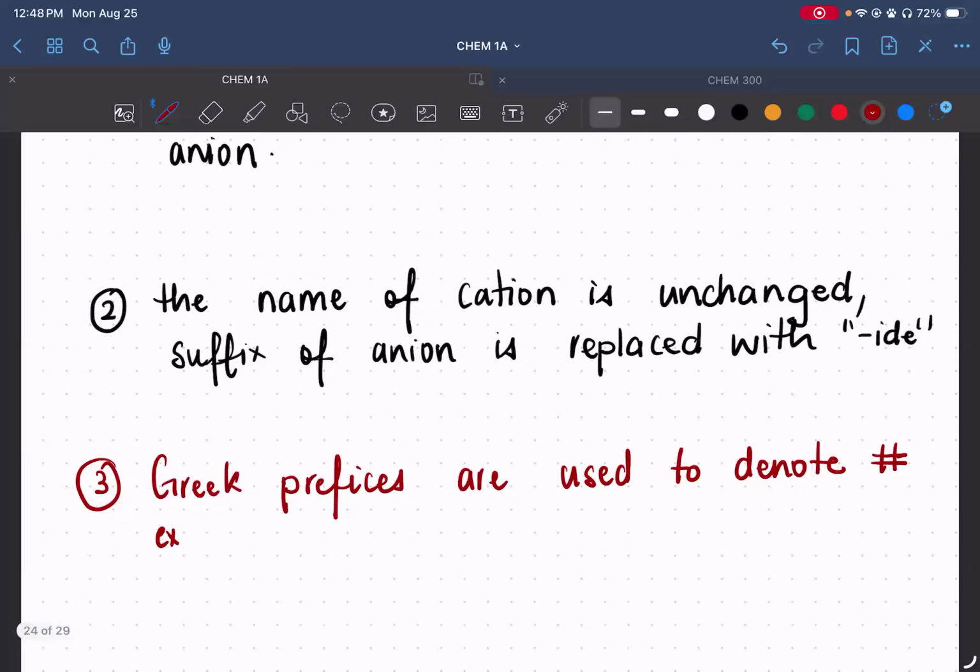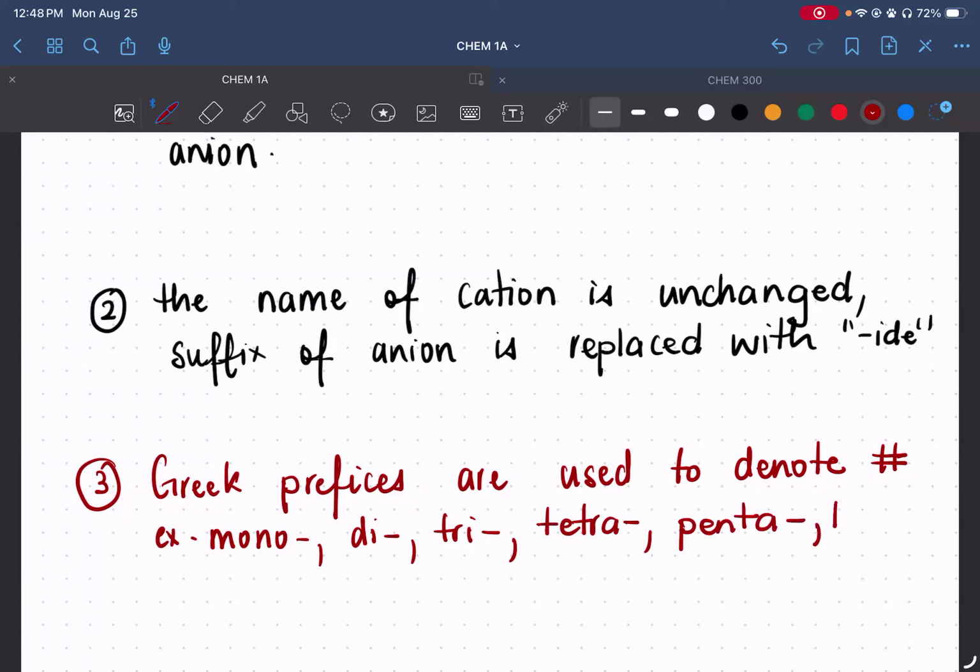These include mono, di, tri, tetra, penta, hexa, and so forth. We all know our polygons: hexa, hepta, octo, nona, deca.